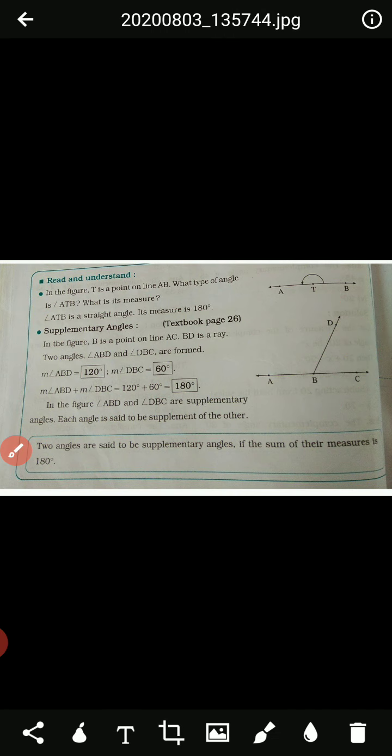Since ABC is a straight angle, the totality is 180 degrees. BD is the common ray, and the two angles formed due to BD are angle ABD and angle DBC.